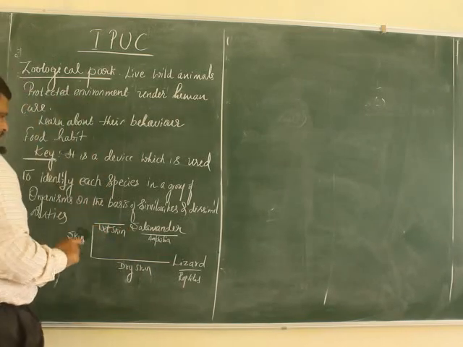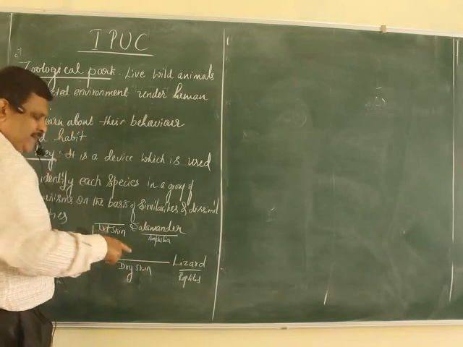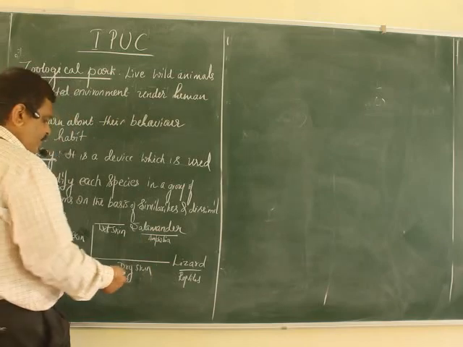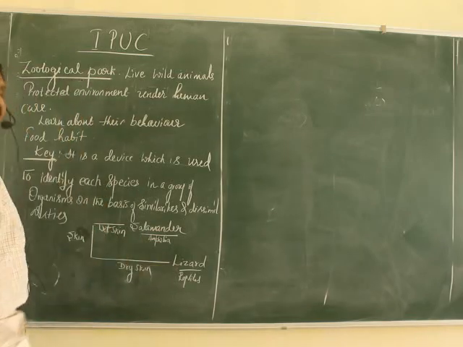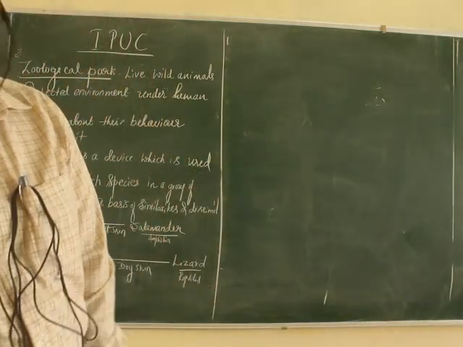So remember, my dear students, salamander has wet skin, that means mucilaginous skin, but lizard has dry skin.